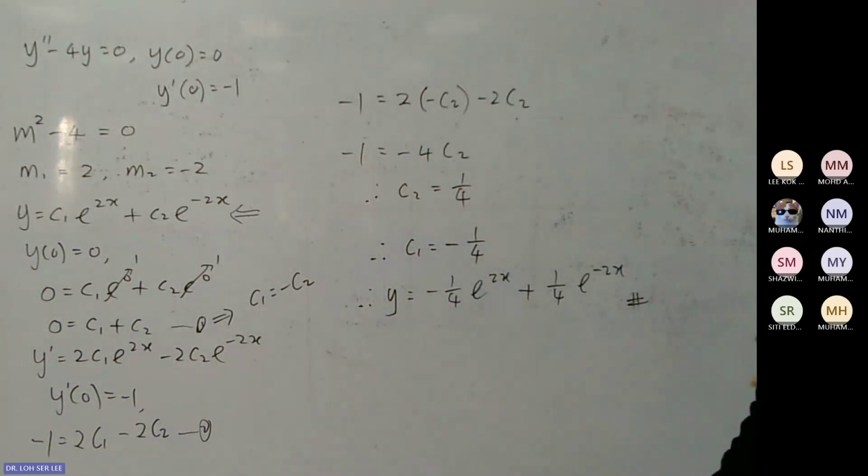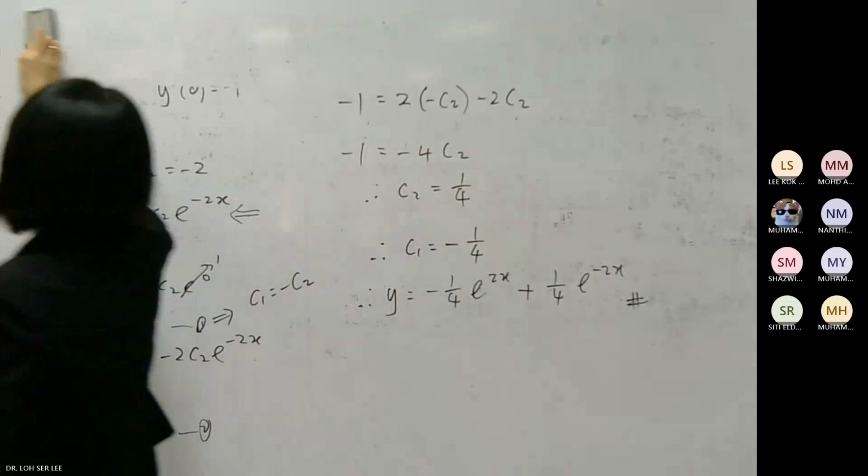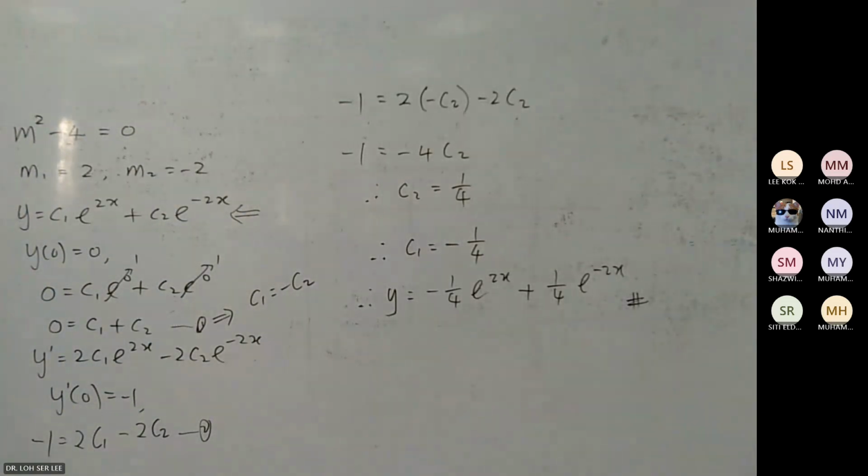Okay, any questions? Here we get from the question that y equals C1. Yes. If you were this one, this is the same. This one is the same like the bottom. 0 equals C1.